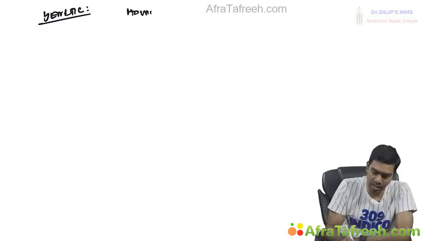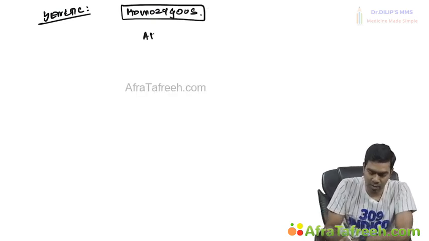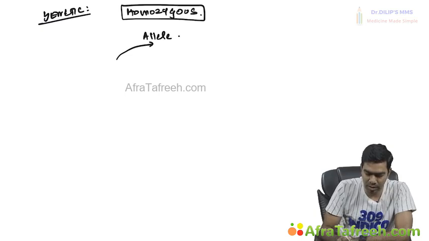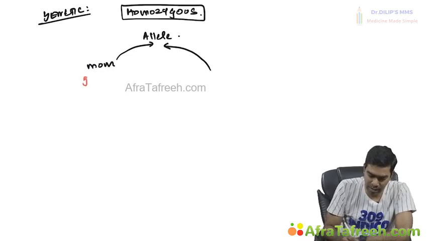So first, let me tell you what homozygous means. First, you have to know what an allele is. An allele is a combination of two things: genes that come from the mom, which I can write here as genes, for a particular trait.